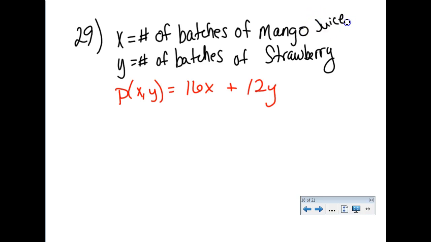So let's not use the word batches. I think that's confusing. I don't even know what they're labeling this as. Probably liters. I bet it's number of liters. Sorry.